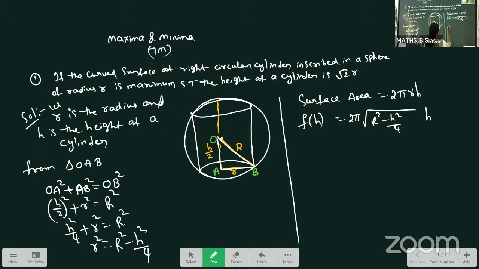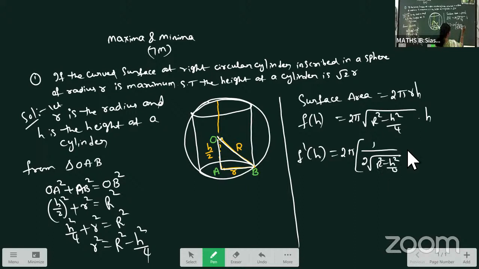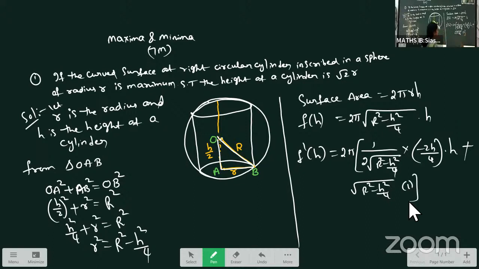So come on, find f dash of h. First derivative, here h is the variable. Use the UV rule. 2 pi is a constant, keep it outside. Root x concept, root x derivative: 1 by 2 root of R square minus h square by 4, into the derivative of R square minus h square by 4, which is minus 2h by 4, into h as it is, plus again root of R square minus h square by 4 into the derivative of h, which is 1.